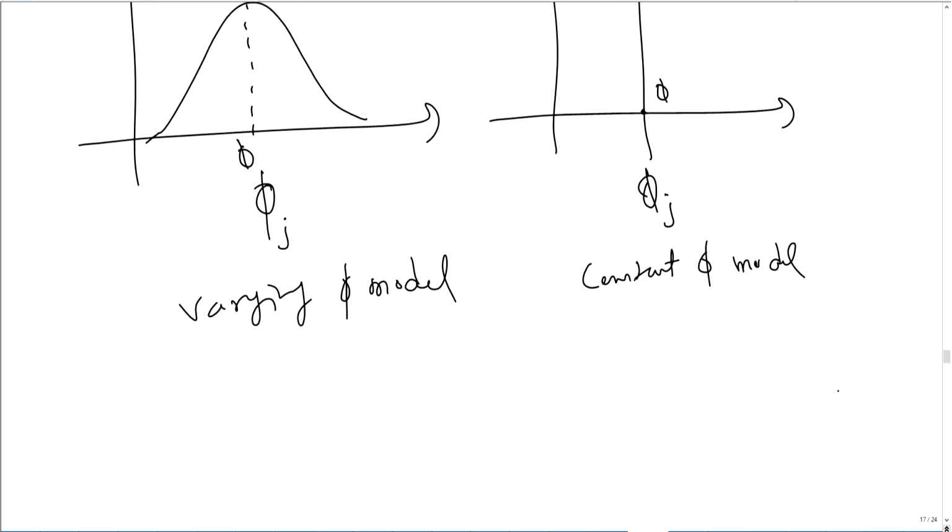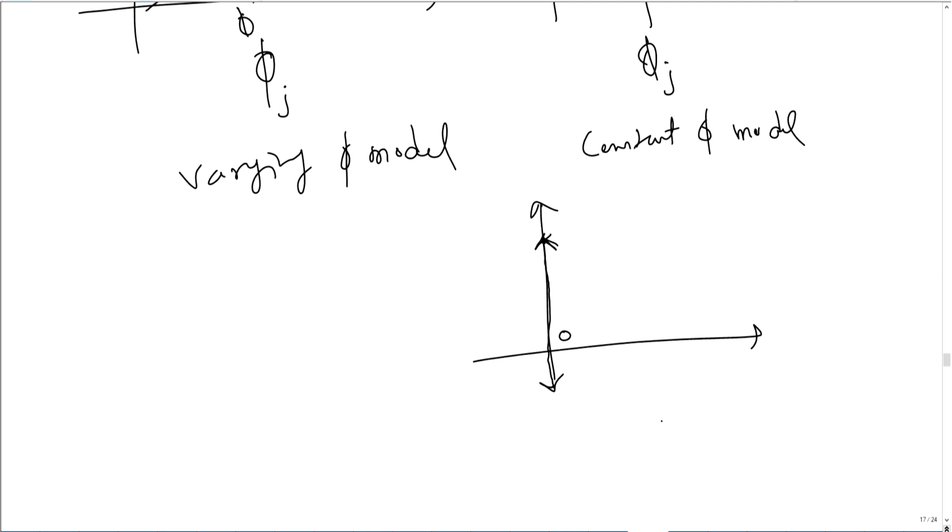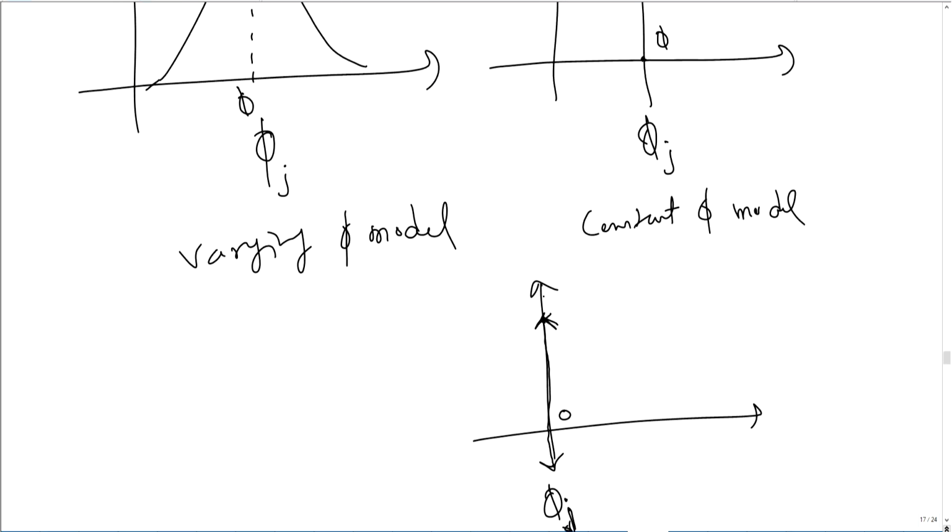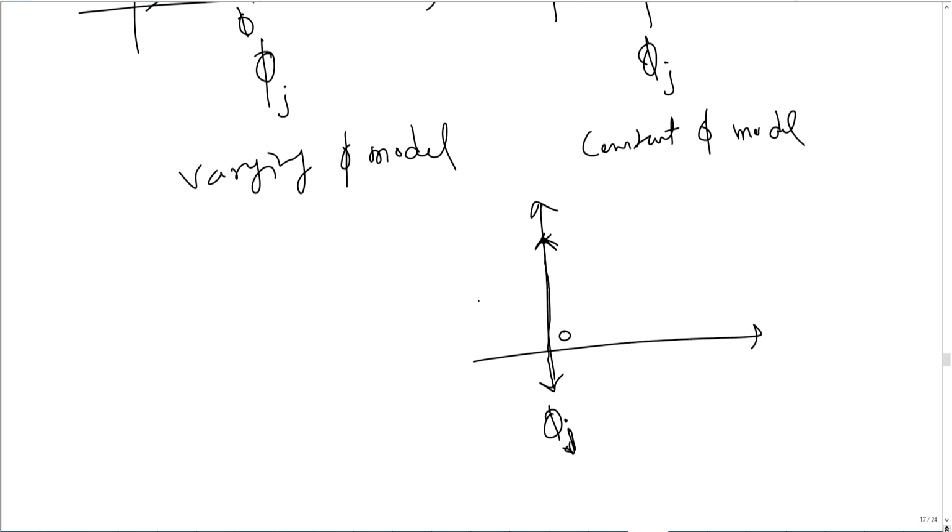And you can also have a third model which assumes that actually all the individuals have exactly 0 phi. So, this is point 0, all phi j's are here. Okay. So, this is 0 phi model.